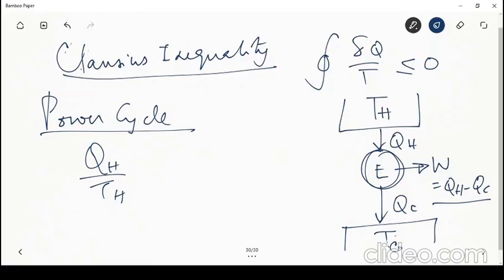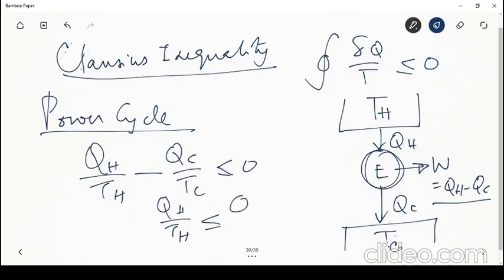So QH by TH, and if the magnitude of QC is taken, then it is going out, so minus QC by TC is less than or equal to 0. This is your expression for a power cycle. So we can rearrange this to say QH by TH is less than or equal to QC by TC.